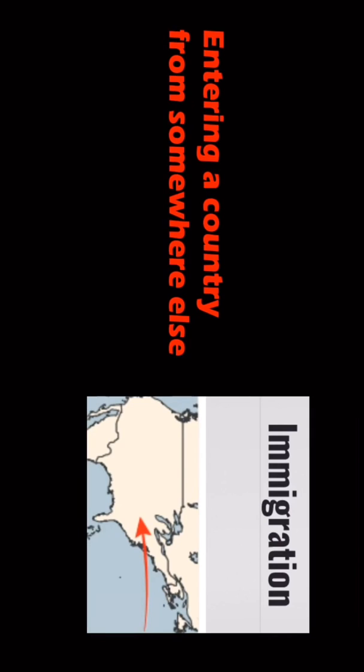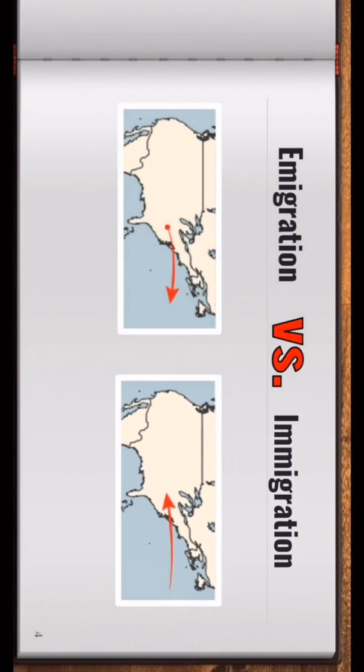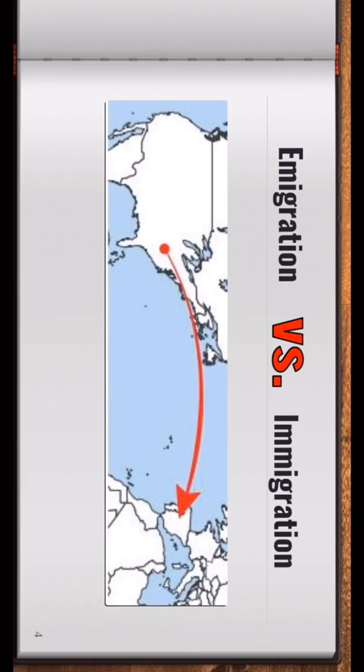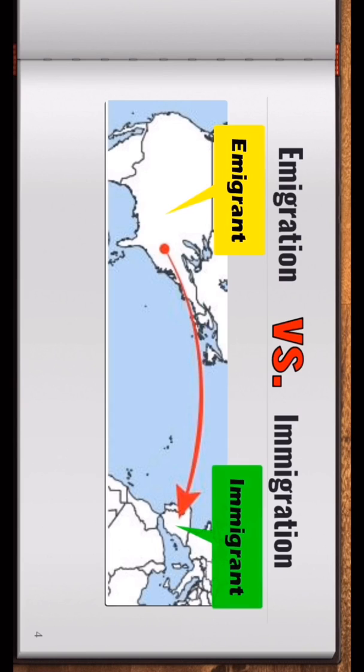Immigration is the process of entering a country when moving into somewhere else. So let's think back to our example where you moved to Spain. In the United States, you would be called an emigrant because you were leaving the country. In Spain, however, they would call you an immigrant because you were moving into their country.